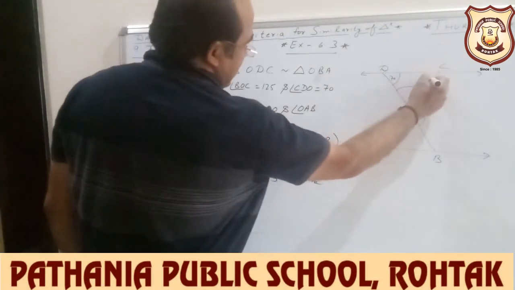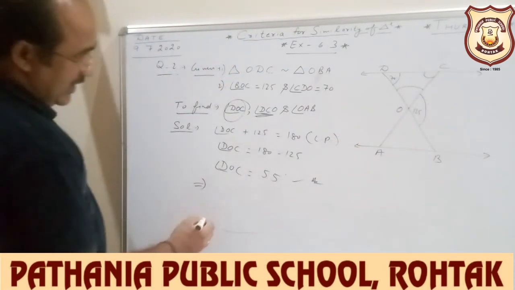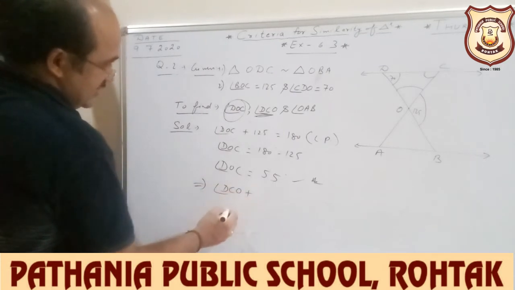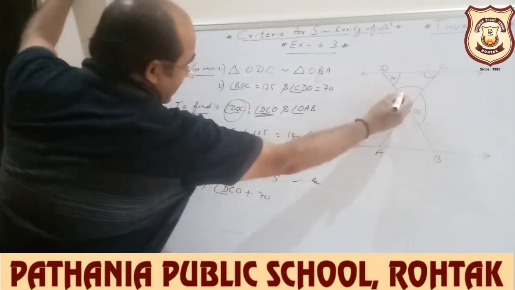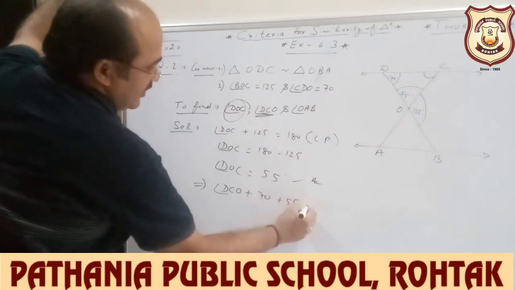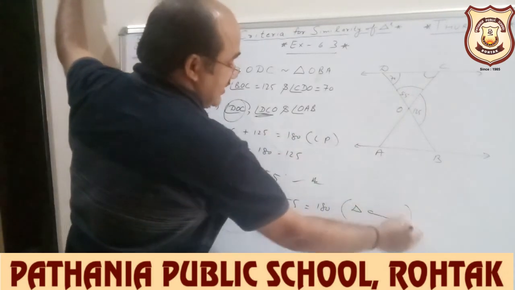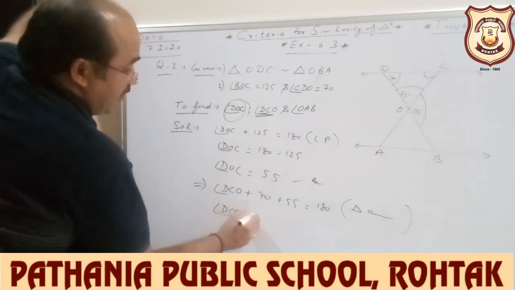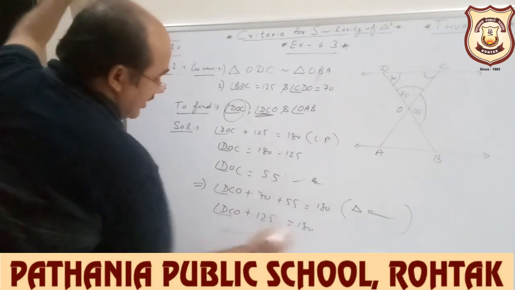For DCO, use the triangle angle sum property. Angle DCO plus 70, plus 55 equal to 180. Reason: triangle angle sum property. Angle DCO plus 125 equal to 180.